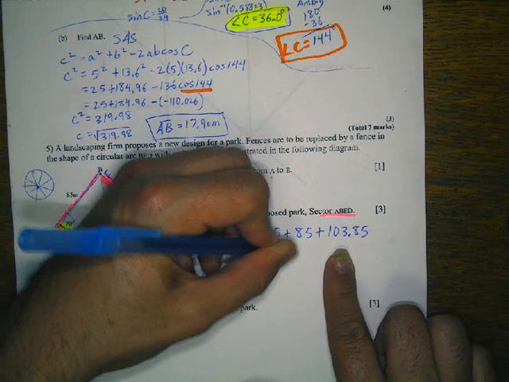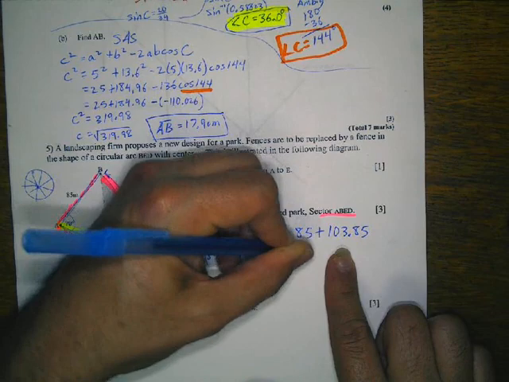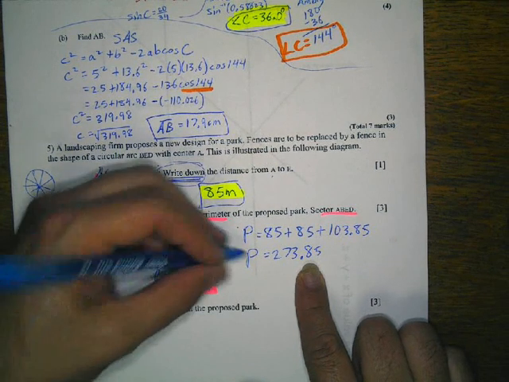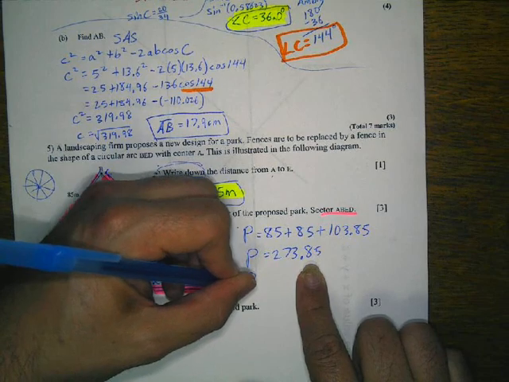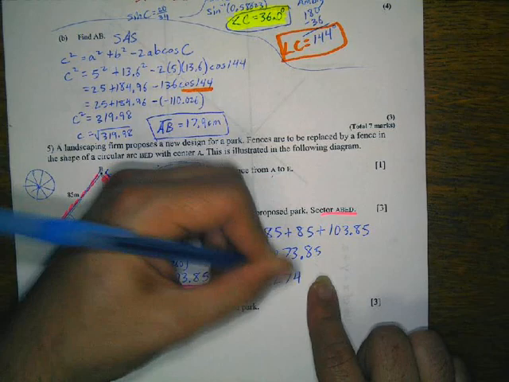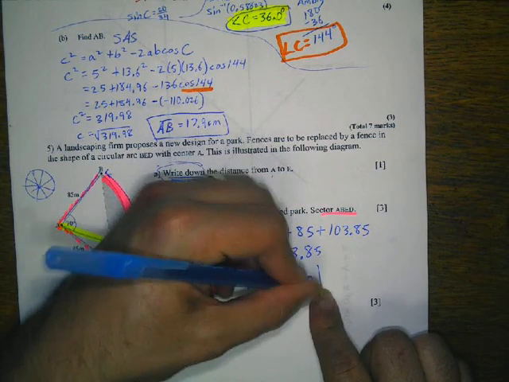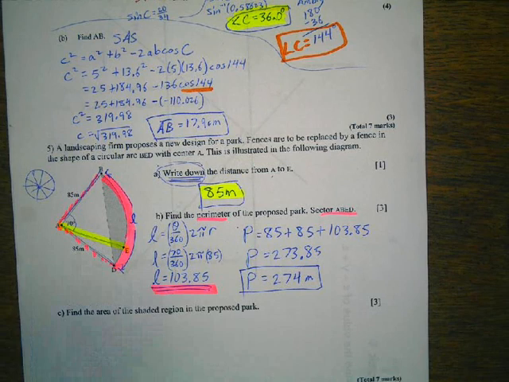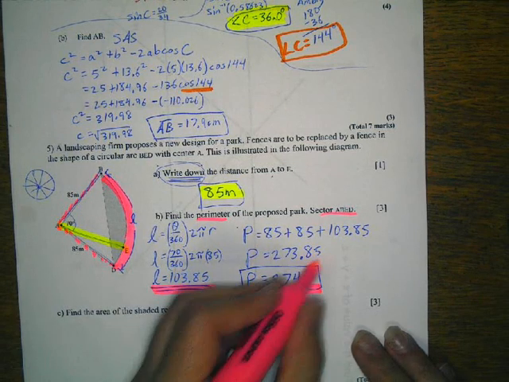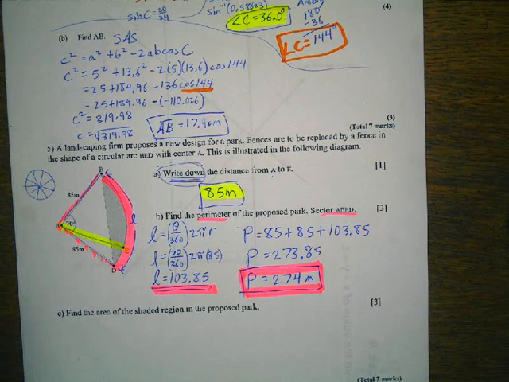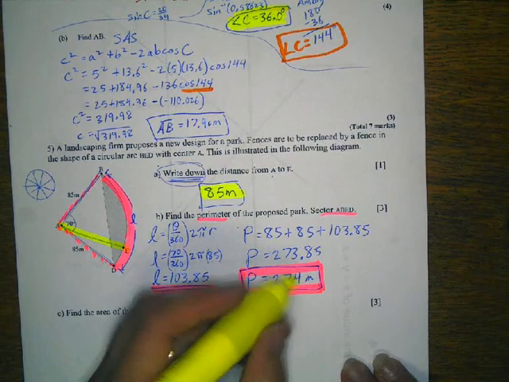And we add all those together, and I get 273.85. So if I wanted three significant figures, I can say the perimeter is equal to 274 meters. Okay, that is the length around the circle, or the sector, yeah.